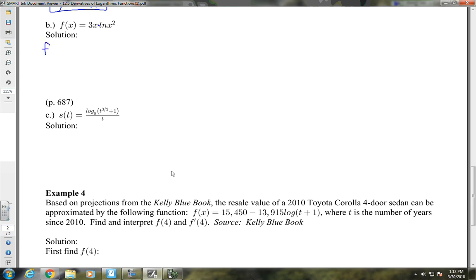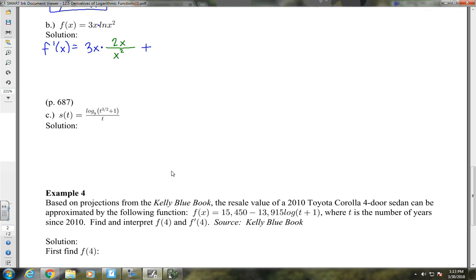So in our product rule, we start with the first function as is, and then we multiply by the derivative of the second function. The second function is natural log of x squared. So I'm going to take the argument, x squared, and put it in the denominator, and the derivative of that argument in the numerator. So the natural log of x squared is differentiated.